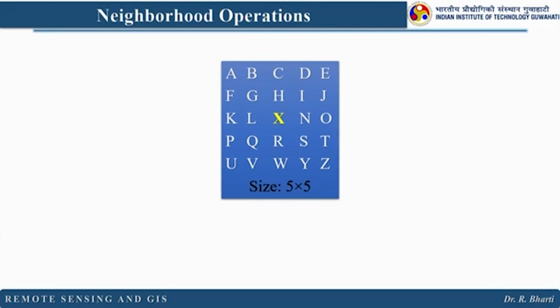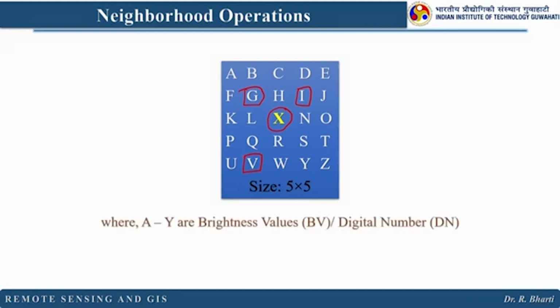Now we have to enhance the value of this X pixel, which is located in the center. If it is located here, what will happen? If it is located here, what will happen? That we need to understand. This is the detail of this.